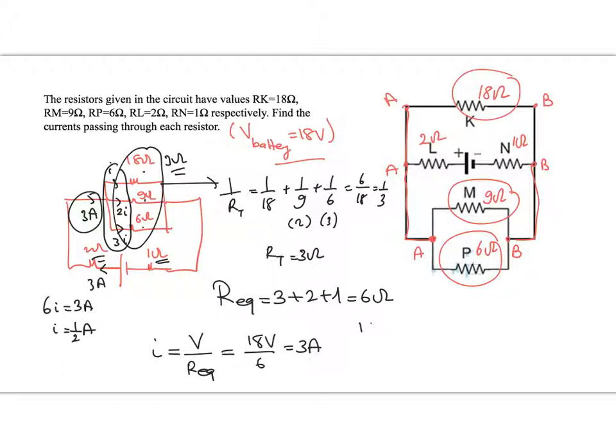So from 18 ohm, 1 over 2 ampere current pass, from 9 ohm, 1 ampere current pass, and from 6 ohm, 3 over 2 ampere current pass. They combine, and as 1 ohm is also on the main circuit, the current passing through it is 3 ampere.